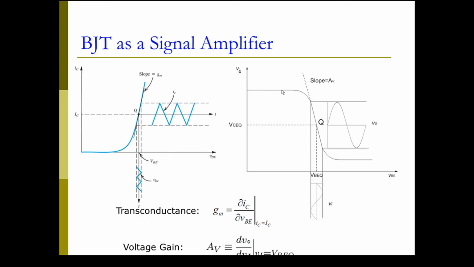From this curve, we can see we still have this Q point, but when we change our VBE, our voltage will change, giving us an amplified signal. Apparently, we can define the slope here as AV. AV is defined as dVc divided by dVi, the input voltage, and how the voltage changes. This gives us the voltage gain.